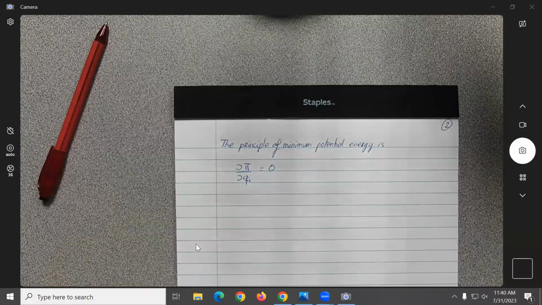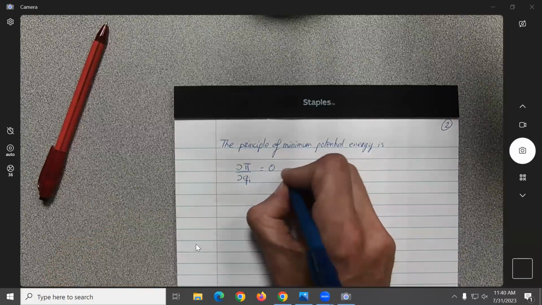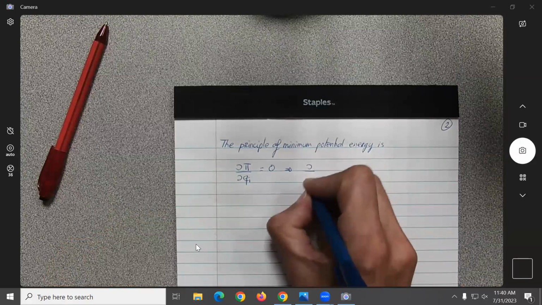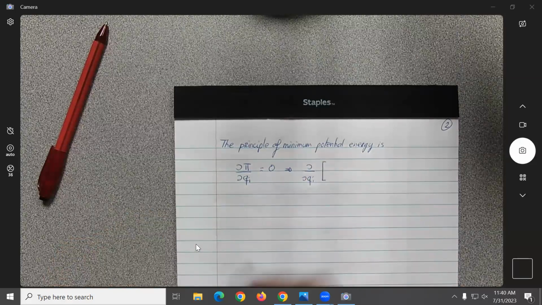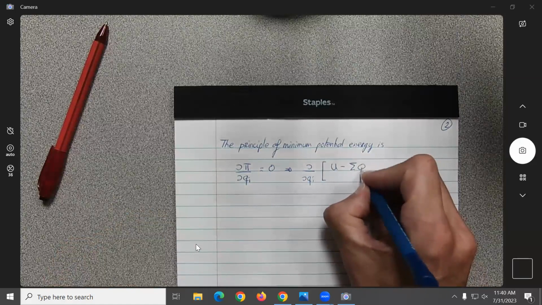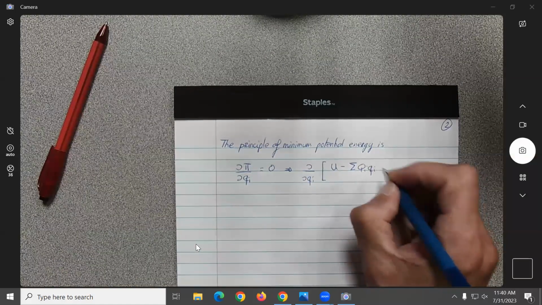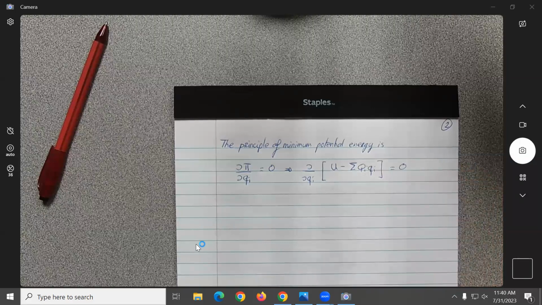Okay, so we do that. This is going to give what? Partial with respect to lowercase q sub i. I just rewrite the full potential energy, U minus the summation of the Q times q, equal to 0.